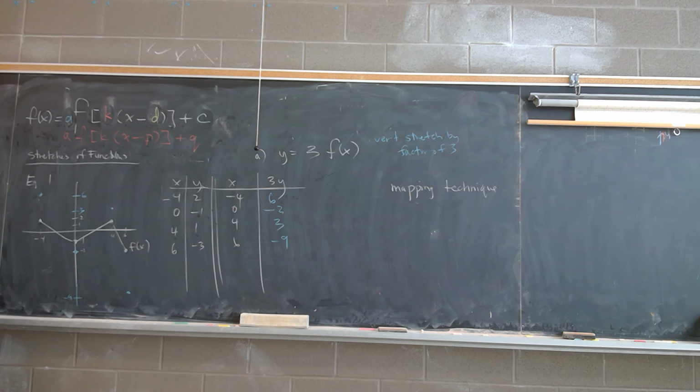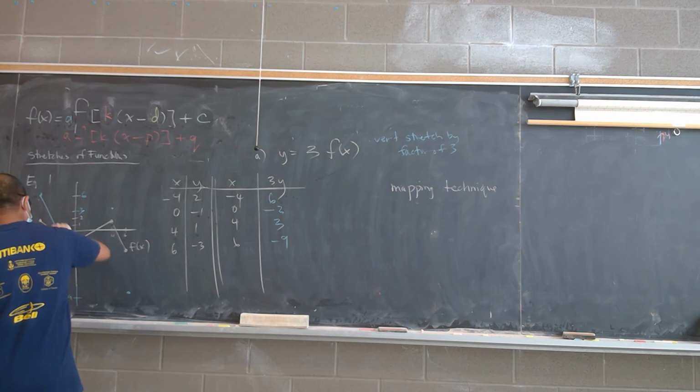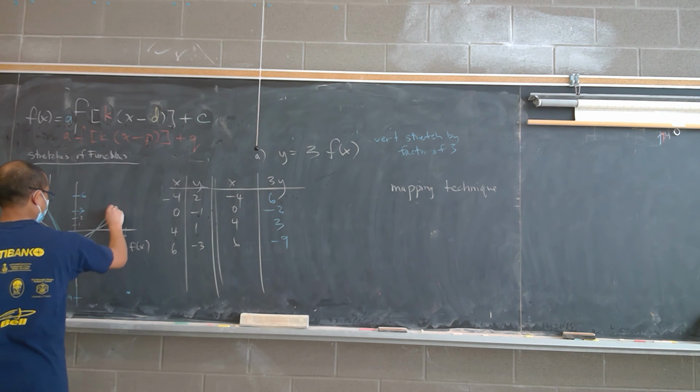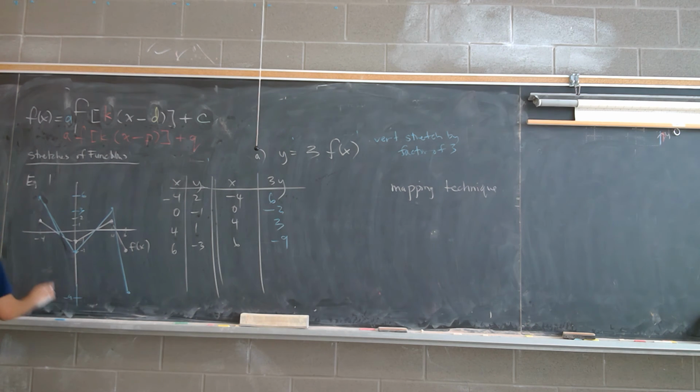If I were to stretch my face, my forehead would go up here, my chin would go down there, it would look weird, right? It still looks the same? Everyone agree? That's why I like this one rather than the base parent function, because I get stretched vertically.